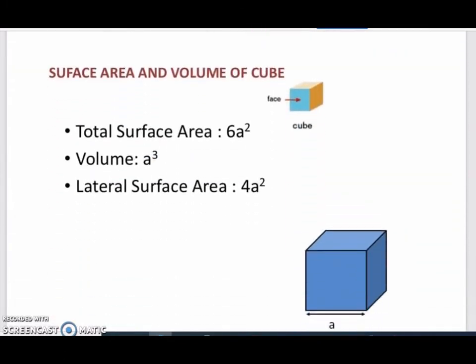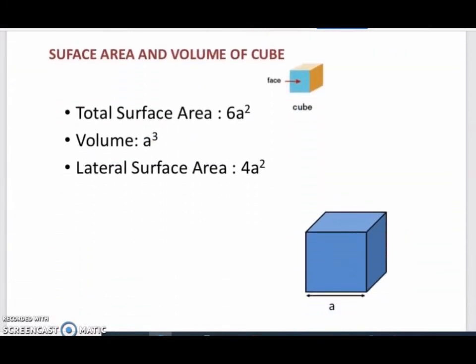Now in case of cube also, it will be done in exactly the same way. Only thing is L, B and H are being replaced with A. All the sides of the cube are having the same dimensions. So we are taking it as A. So in that case, the total surface area, now it is having 6 squares, 6 surfaces which are all squares. So A square is the area of each one.